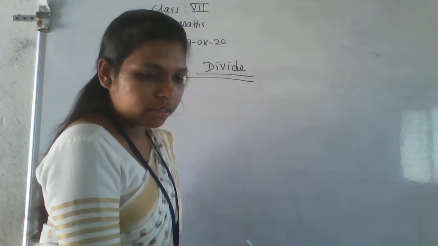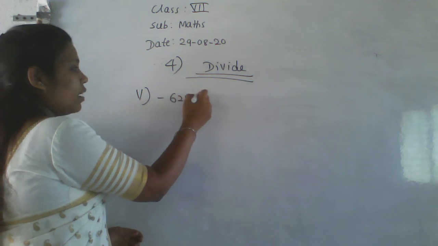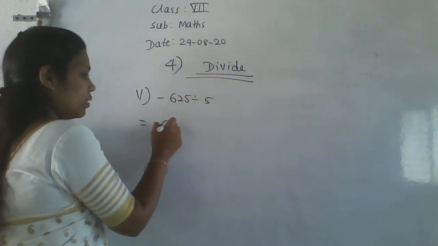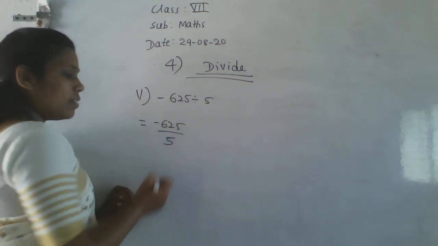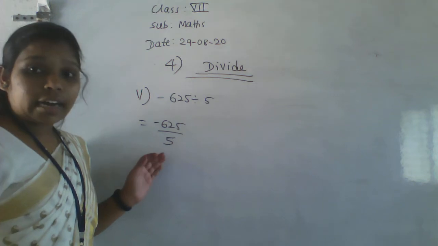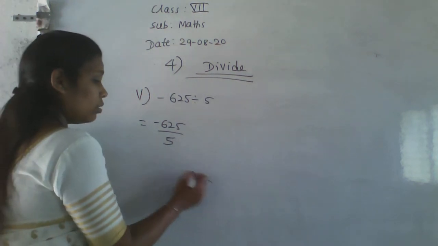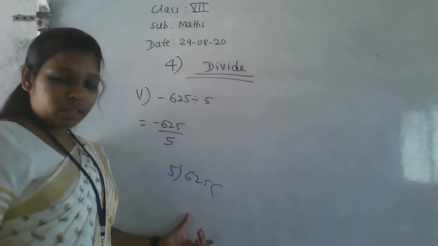That is the fifth one: -625 divided by 5. Just cancel here only. Try to do problems like this. Don't do long division like small kids.